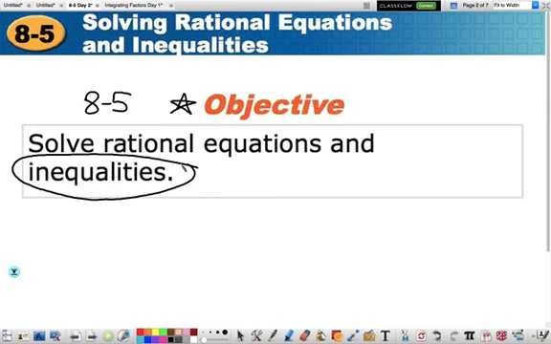So yesterday we worked with equal signs. Today we work with these, which kind of look like faces.